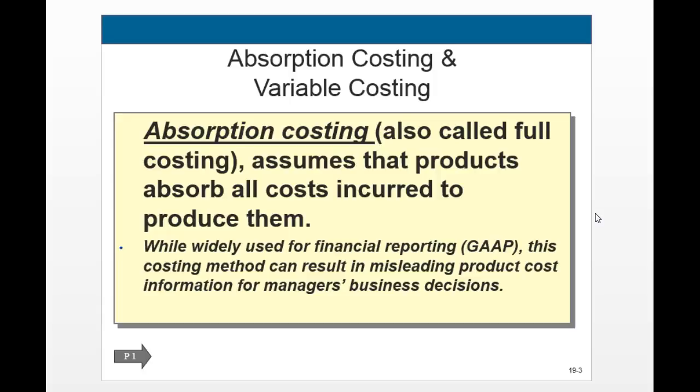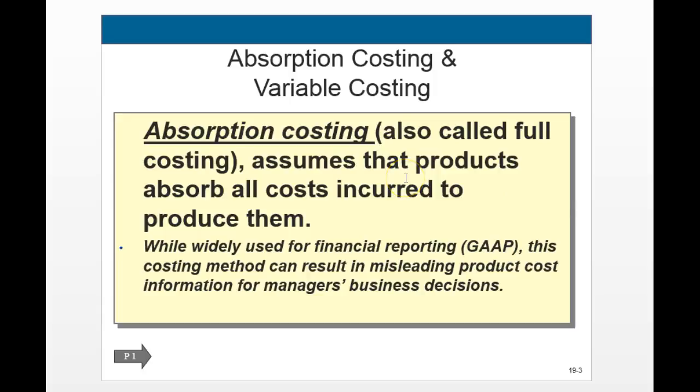And that includes fixed costs that we use. This sometimes gives a really skewed way of looking at income, which we're going to see when we do the practice set. So let me explain a little bit about the difference between absorption costing and variable costing.